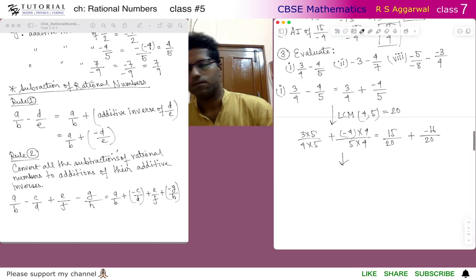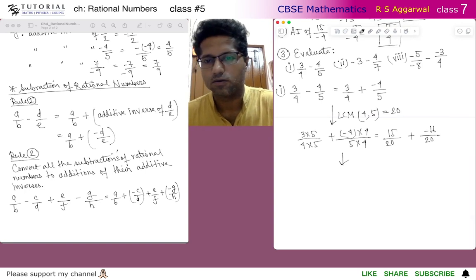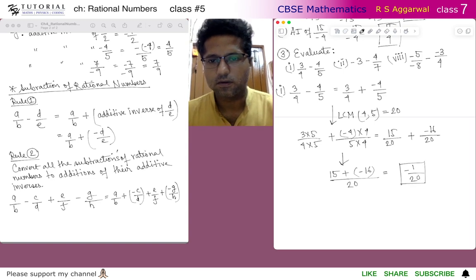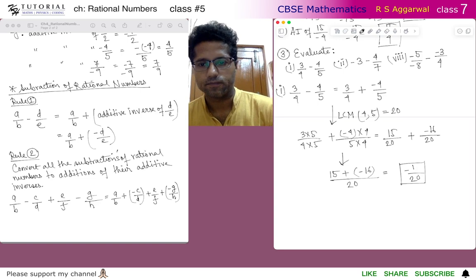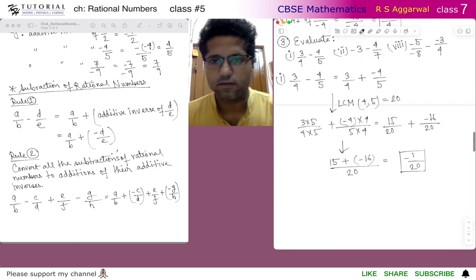We now simply add the numerators and divide the sum of the numerators by the common denominator, which is 20. So we have 15 plus minus 16 divided by 20, and this is minus 1 upon 20 is the answer. First one. Okay. Second one.